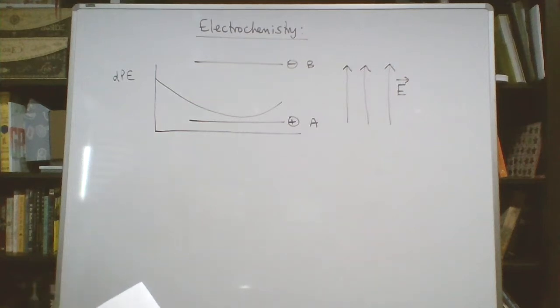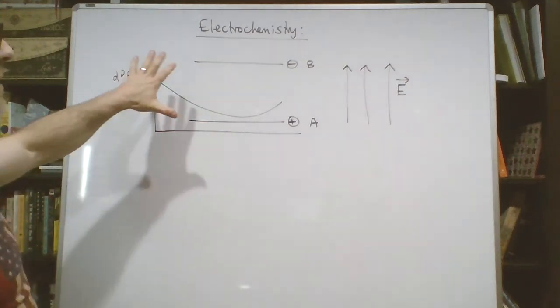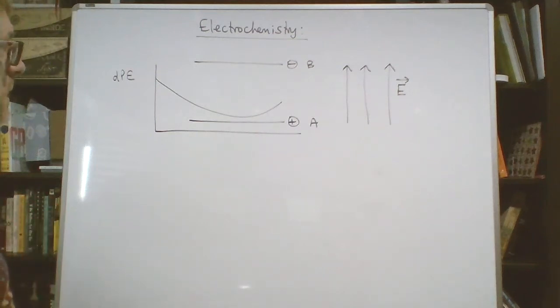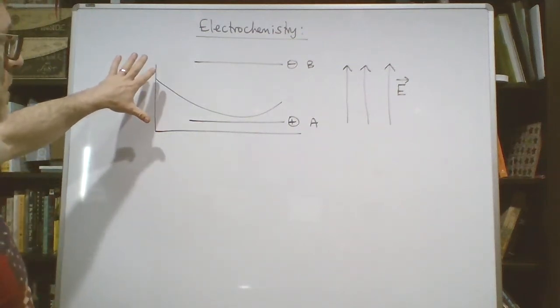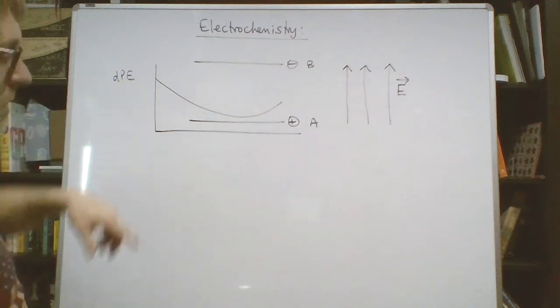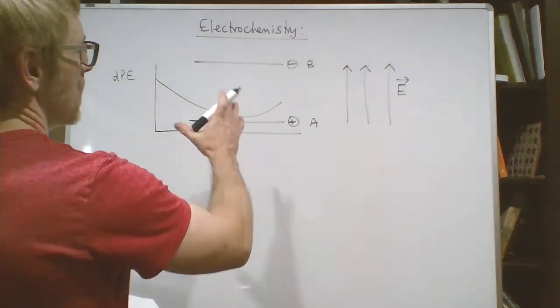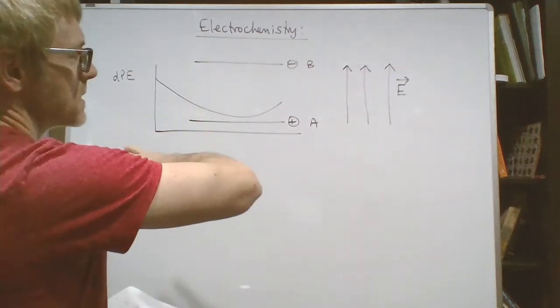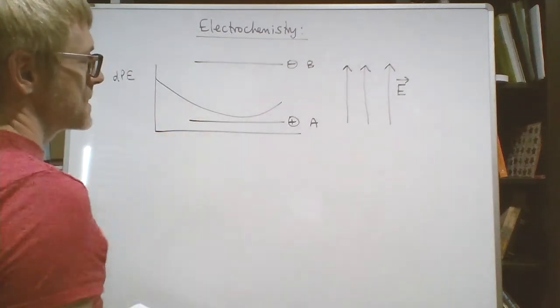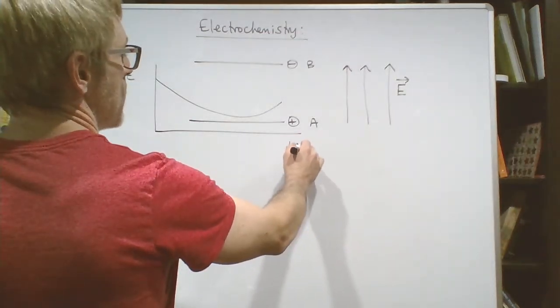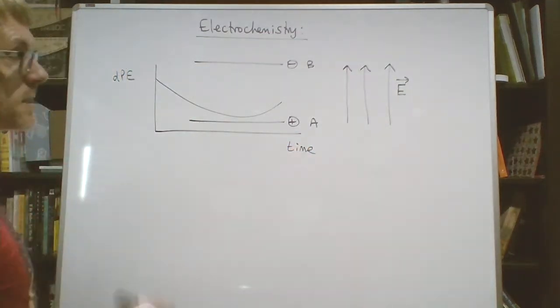Okay, and finally we move on to look at a situation that's going to help us when we look at batteries, for example, in electrochemistry. We've got a basic graph here of change in potential energy shown on the y-axis. The x-axis could be time. It doesn't really matter, it's less important, but let's say it's time.